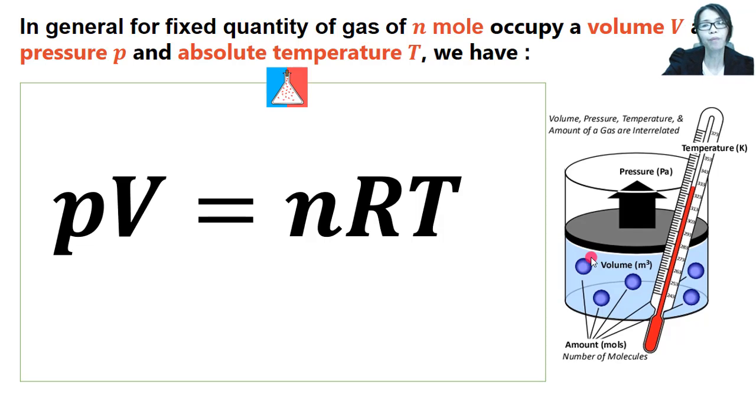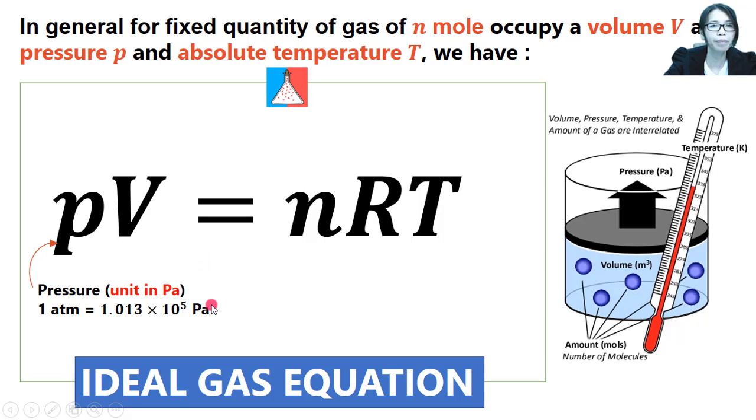So guys, we have what we call the ideal gas equation. Generally, for a fixed amount of n moles of gas occupying a volume V at pressure P and absolute temperature T, we can relate all these macroscopic characteristics using the ideal gas equation, PV equal to nRT.